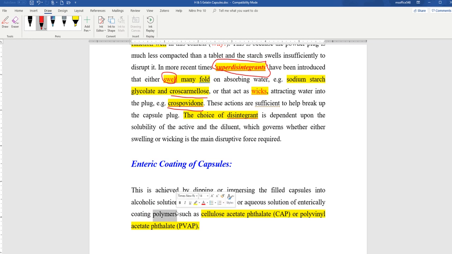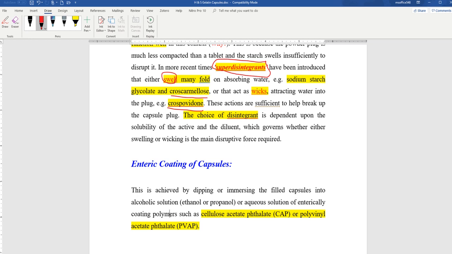What is the enteric coating? These are polymers, dissolved in alcohol or dissolved in water. These solutions contain cellulose acetate phthalate or polyvinyl acetate phthalate as a polymer, which are CAP and PVAP. CAP is cellulose acetate phthalate and PVAP is polyvinyl acetate phthalate.